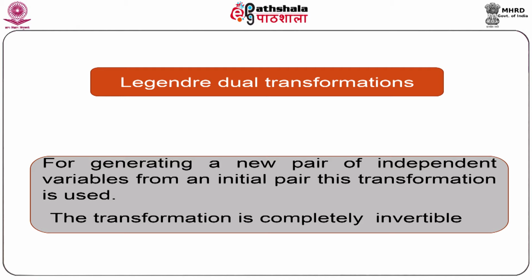Please note that the first coordinate is fixed; only the second coordinate has been changed here. The transformation is completely invertible. That is, applying the transformation twice, one can get the initial pair of variables x, y.